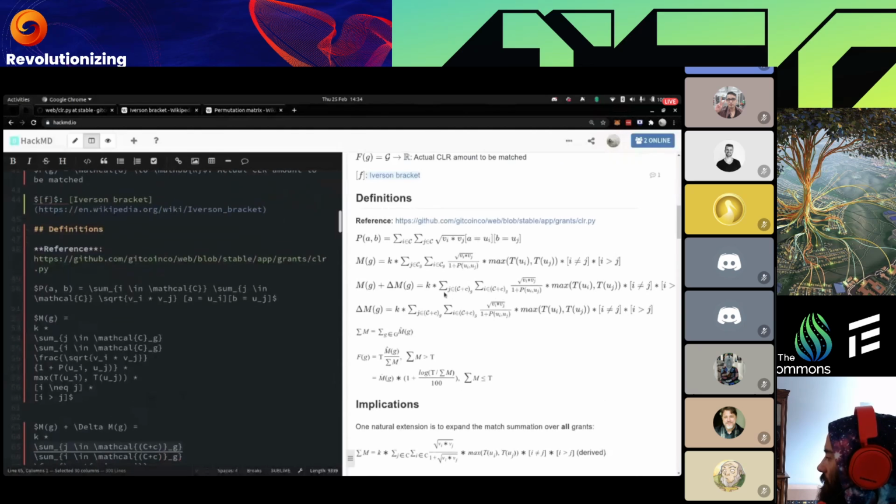Because, for example, when I get the M matrix and the delta matrix, let's say I have 10 contributions and then I have 11 contributions, this is going to be 11. But if I take the delta, I could leave the first 10 out because I'm just getting the delta.